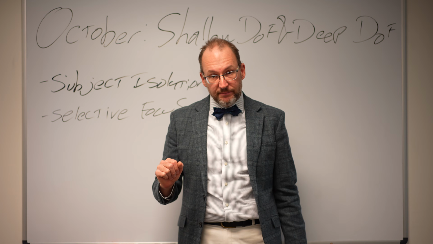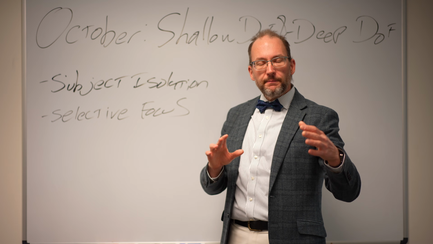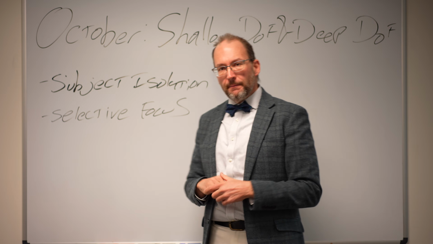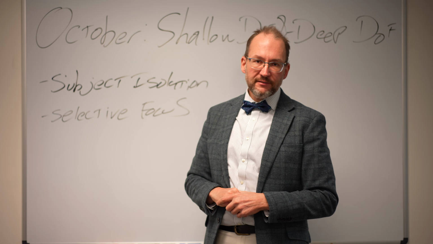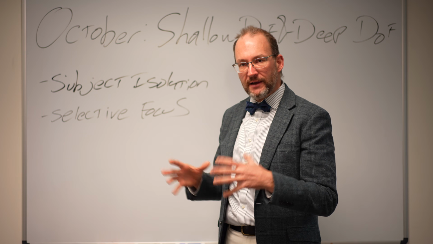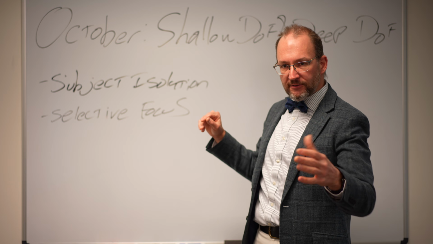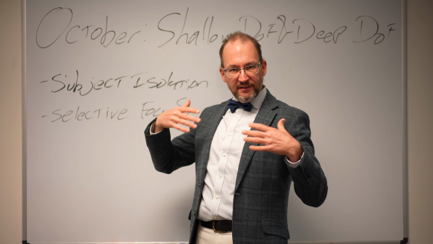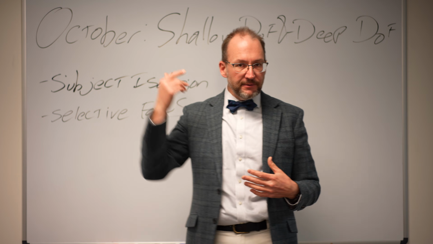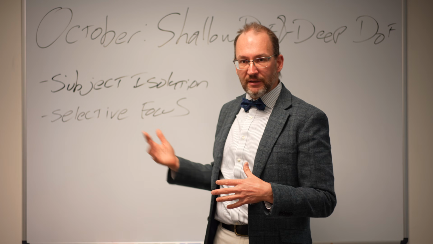Subject isolation is something you can do when you have a subject that's separated from your background by different distances based on the focal length and aperture. But in general, with a portrait lens, if you're shooting at a wider aperture, having about 10 feet or so between your subject and your background and just enough depth of field to have your subject, tip of nose to back of head, in focus is what's going to give you subject isolation.